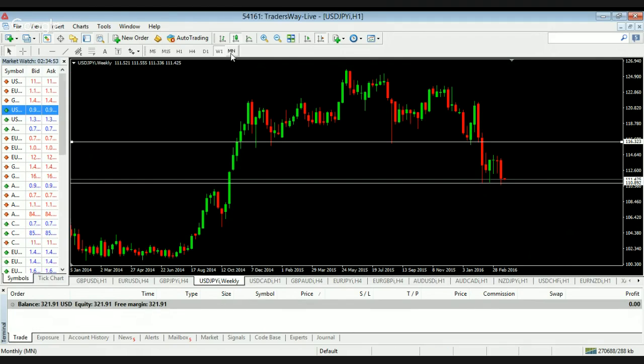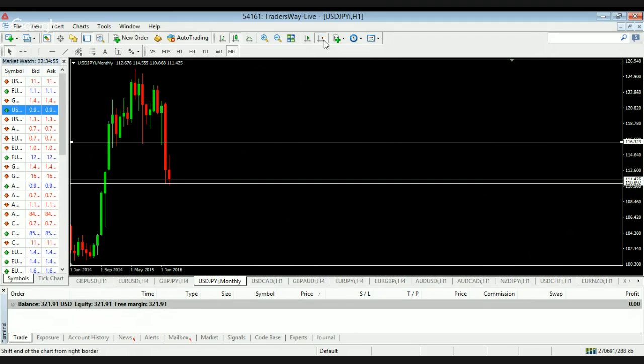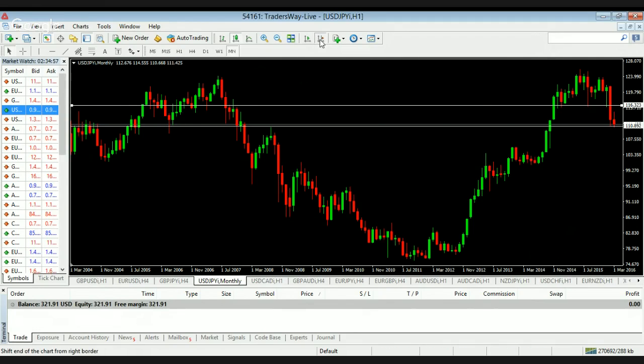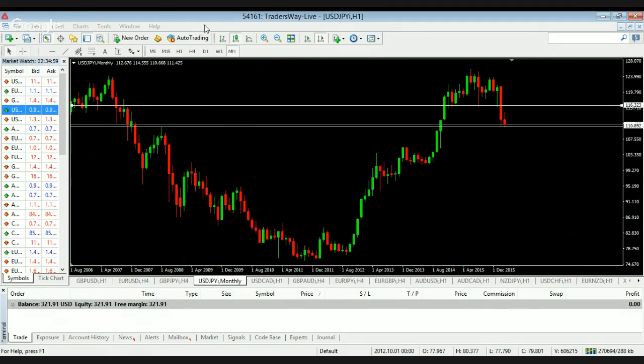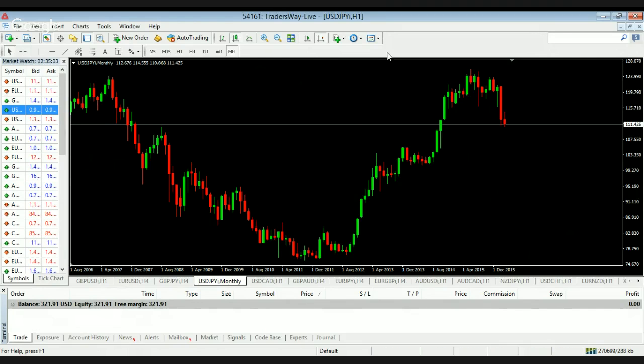So I usually start off with the monthly just to see where I am, and I'm going to start from the beginning here, clear this all out. Weekly, and as we can see, so for the month, USD JPY has been on a downtrend. If you go back to the previous candlestick, it shows a clear downtrend. Boom.